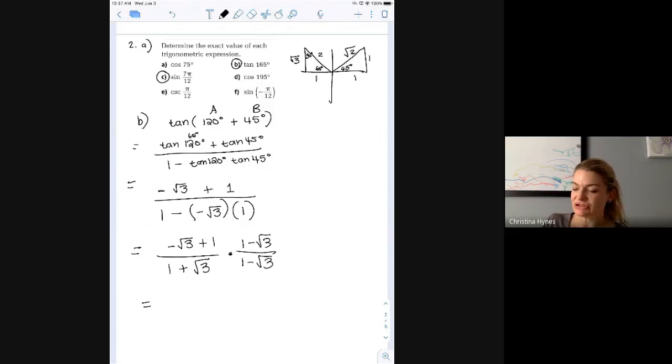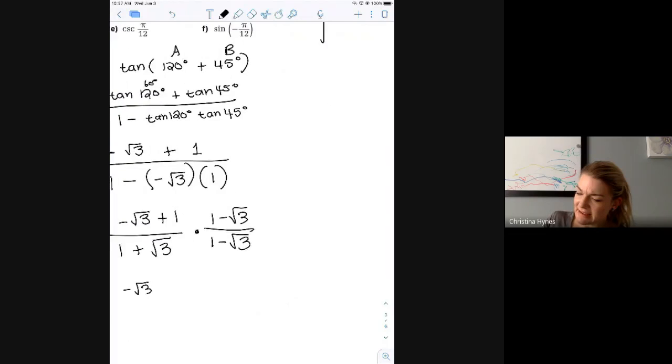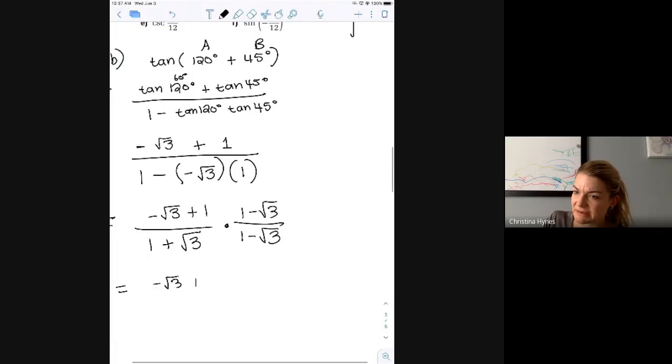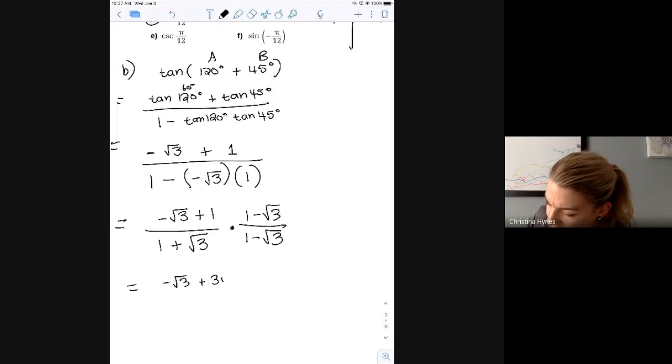And then I would do FOIL for the top, and I would get negative root 3, and then I would get positive 3. Oops, why didn't that go? Positive 3. And then I have plus 1, and then minus root 3.